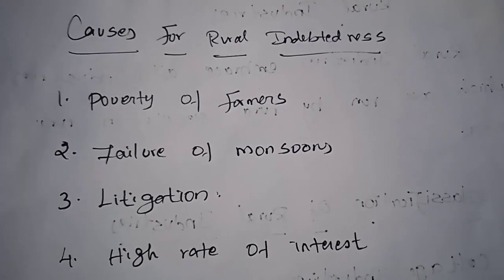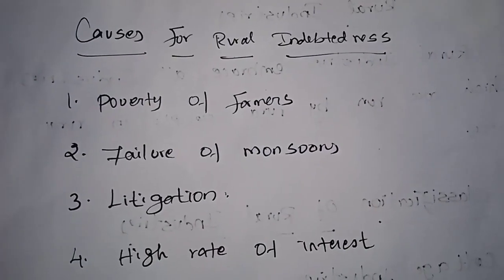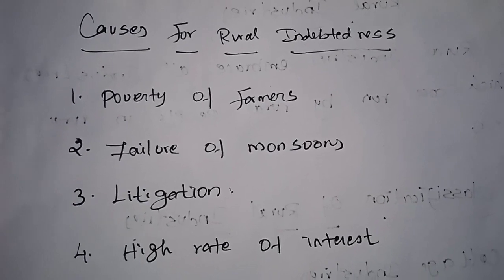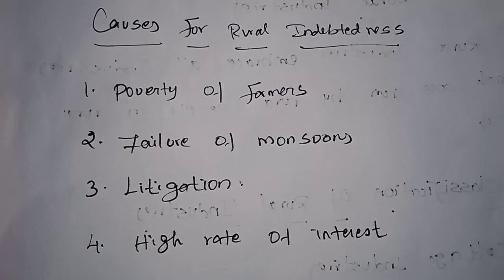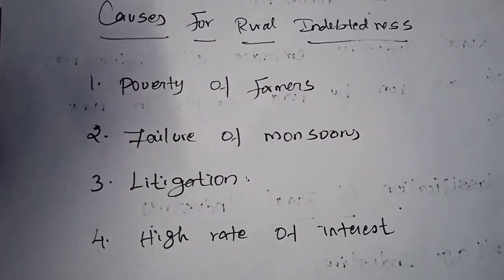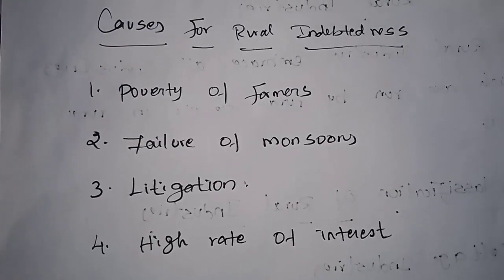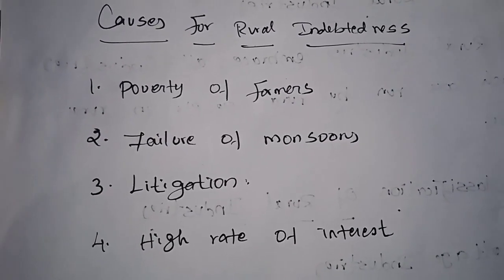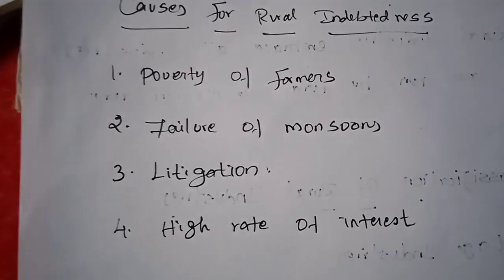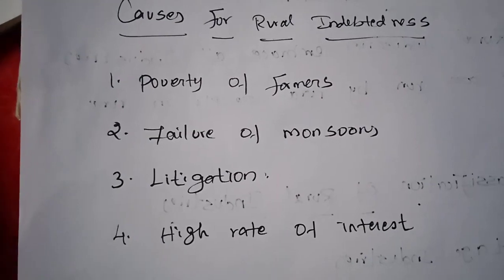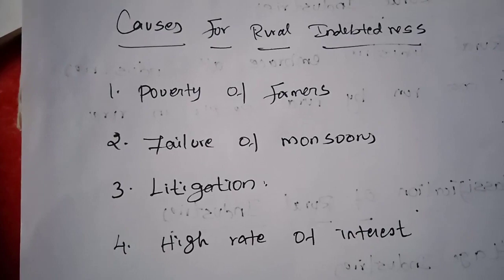Farmers normally live in permanent poverty because, as we have already said, they mostly depend upon the agricultural sector, which depends upon natural factors, and there are always two types of unemployment in agriculture, disguised unemployment and seasonal unemployment. So the vicious circle of poverty forces the farmers to borrow for consumption, cultivation and celebrations.